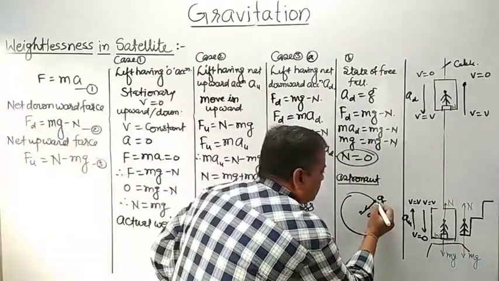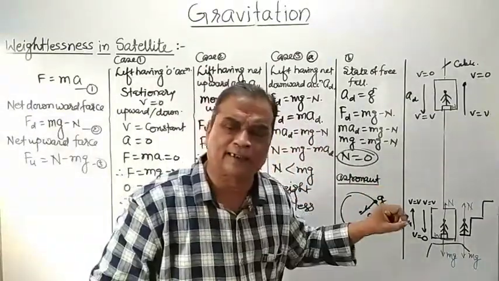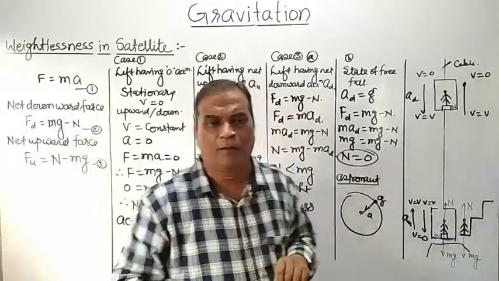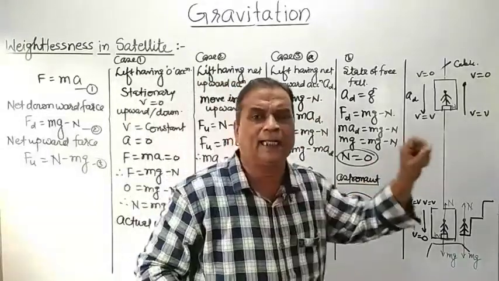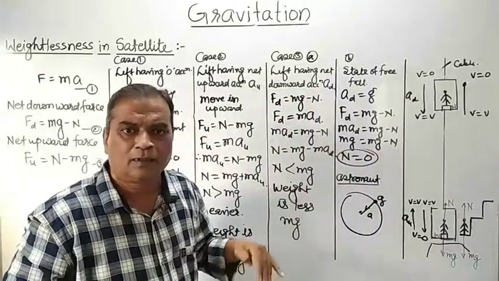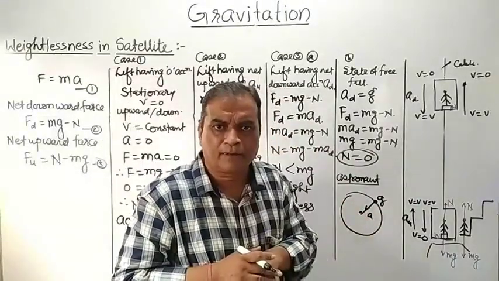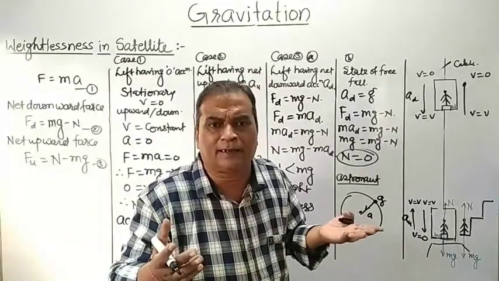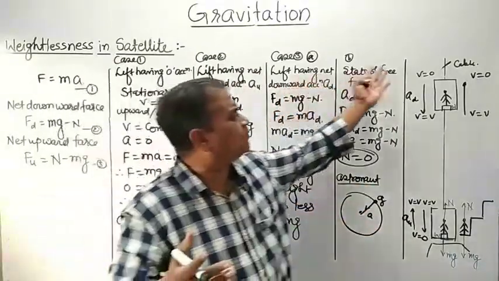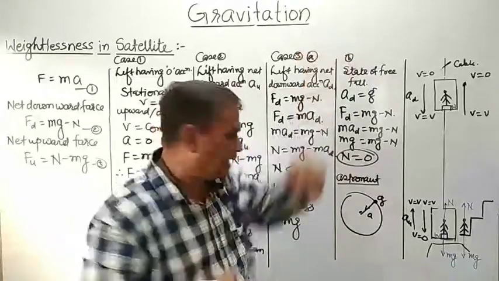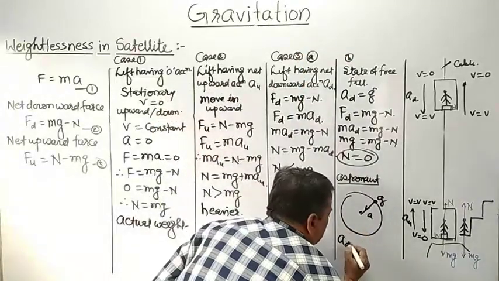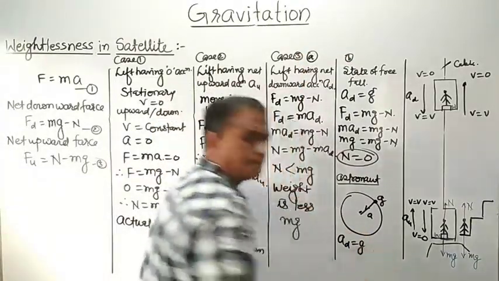If the satellite is at this location and g is the acceleration due to gravity at that location, both the satellite as well as that astronaut are acted upon by an acceleration g. This is a case of state of free fall, meaning a_d is equal to g.